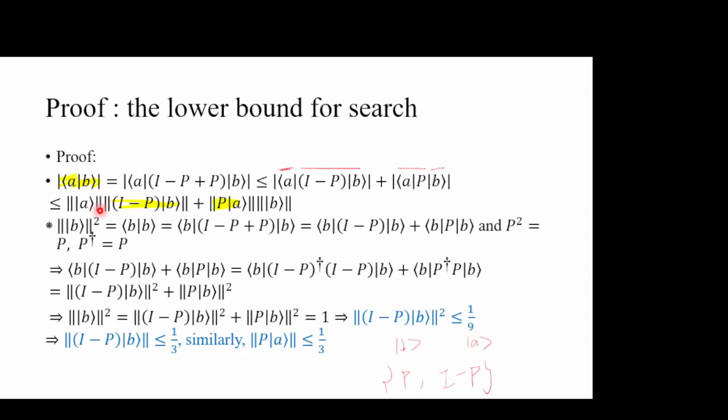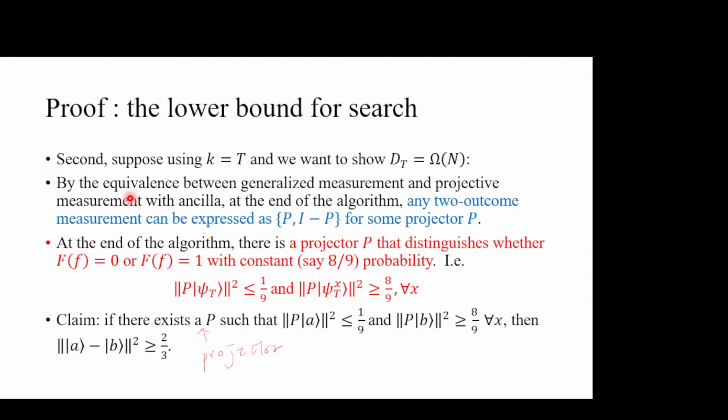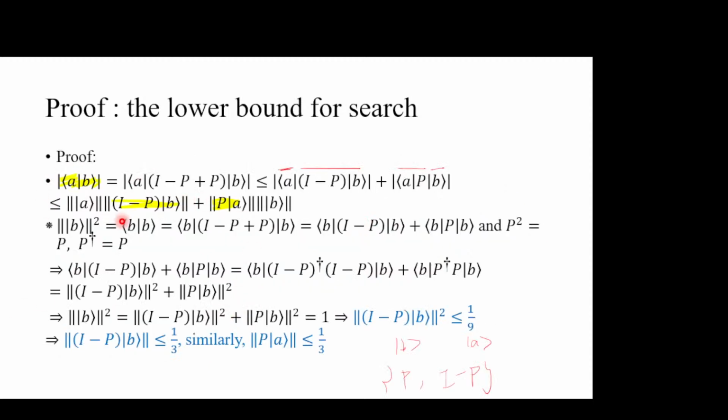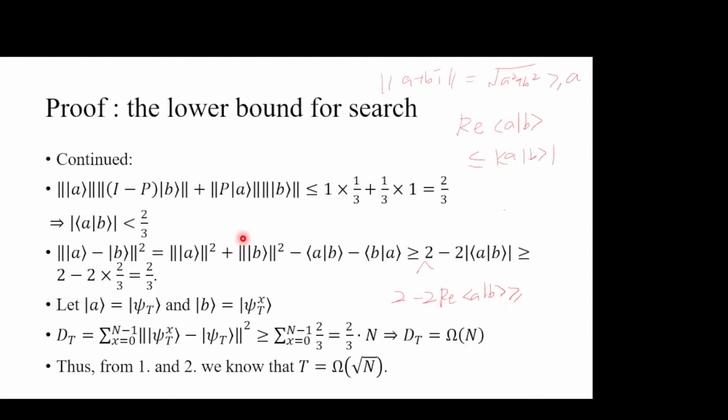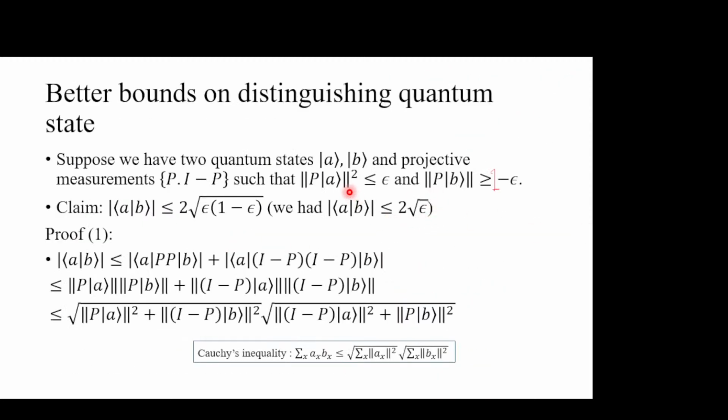If we go by the previous proof and change this 1/9 to epsilon, then the upper bound we get is actually 2 square root epsilon. So we get the extra 1 minus epsilon factor, which is less than 1, so we are getting a better and tighter bound here. And how to get this bound?